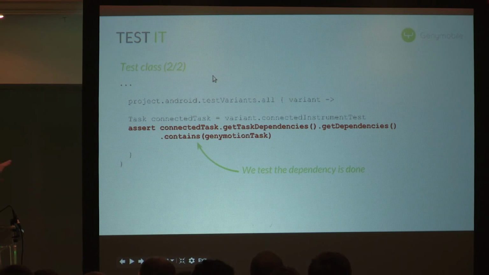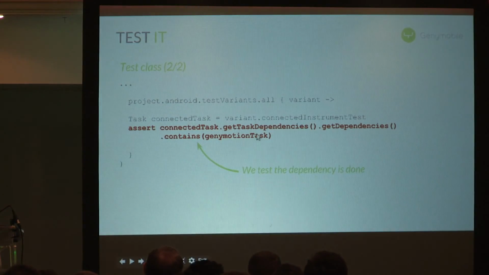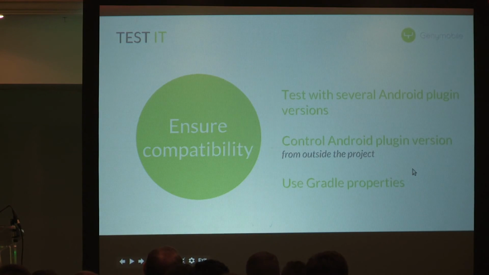I won't go deeper into the detail because that's really a part of the API. This is really accessible. You can do your own. And we are running out of time, but you get the point. Now you can read back the slide and get this. Basically what we do is iterate on variants and check that our tasks are correctly injected, to make the test pass or not.